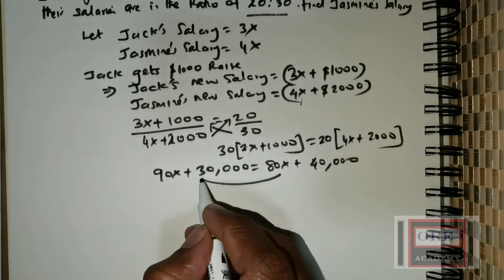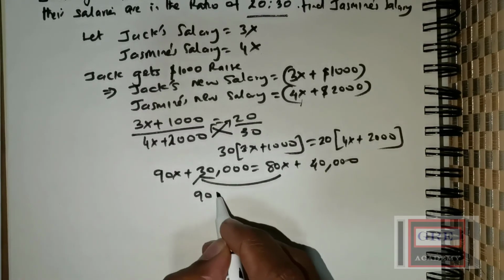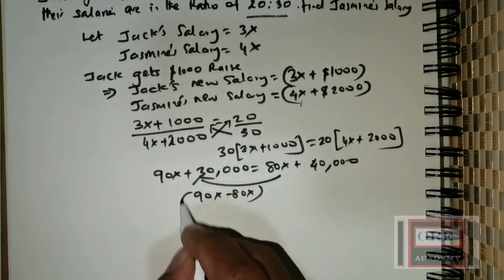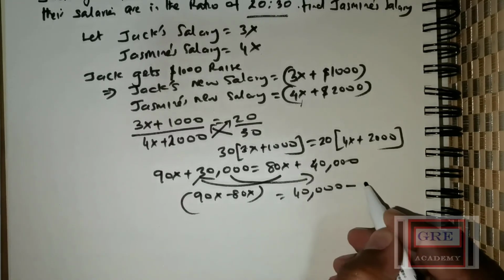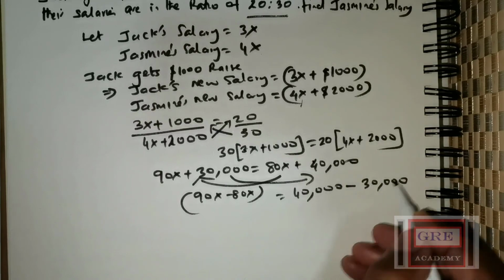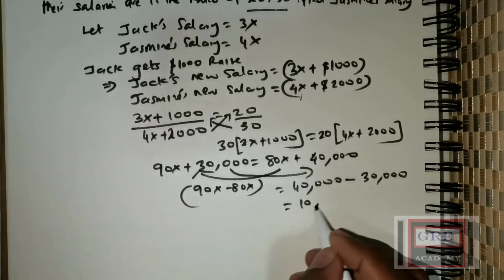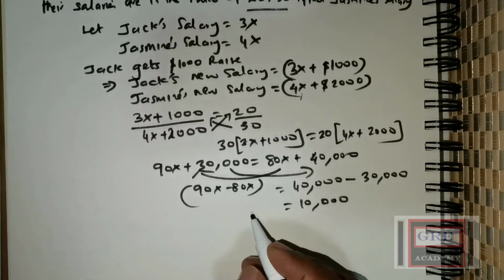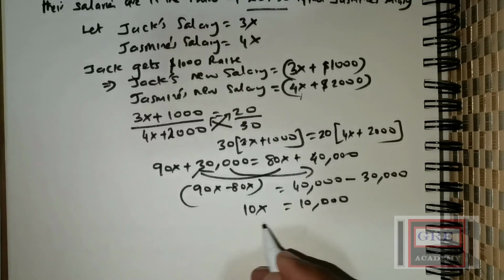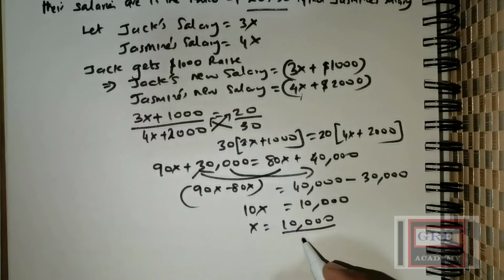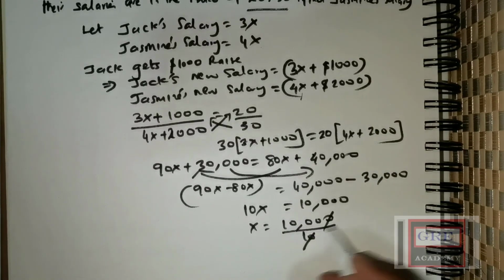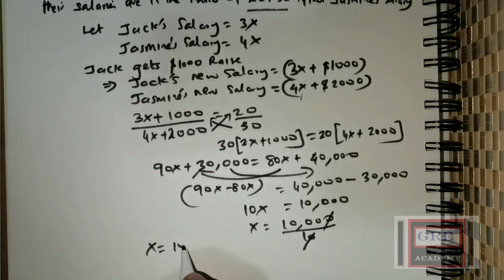We move 80x to the left, so that would be 90x minus 80x. We move 30,000 to the right. That's going to be 40,000 minus 30,000. This will give us 10,000, and this is going to give us 10x. So x is equal to 10,000 divided by 10. We cancel 0, so we get the value of x to be 1,000.